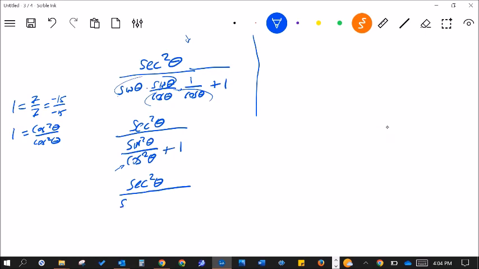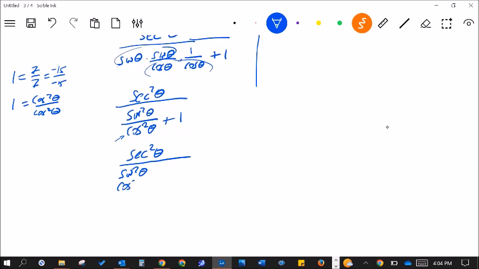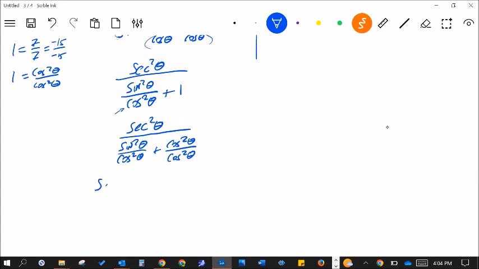There's the numerator. I have sine squared theta over cosine squared theta plus cosine squared theta over cosine squared theta. So let's put these together. Secant squared theta.